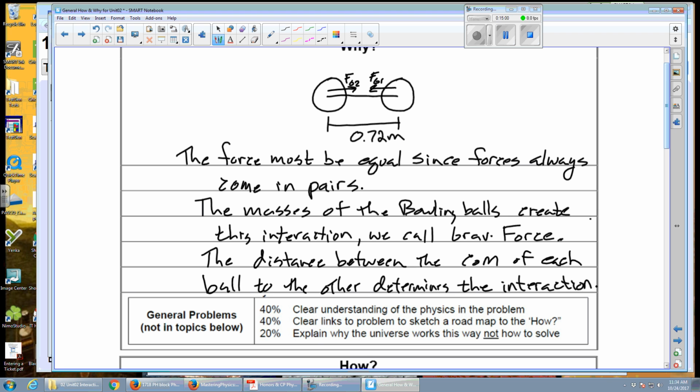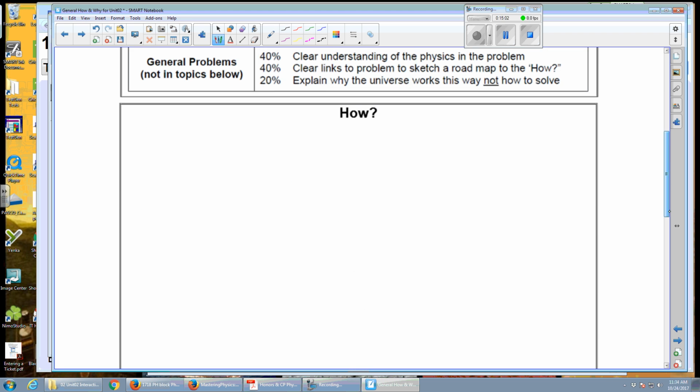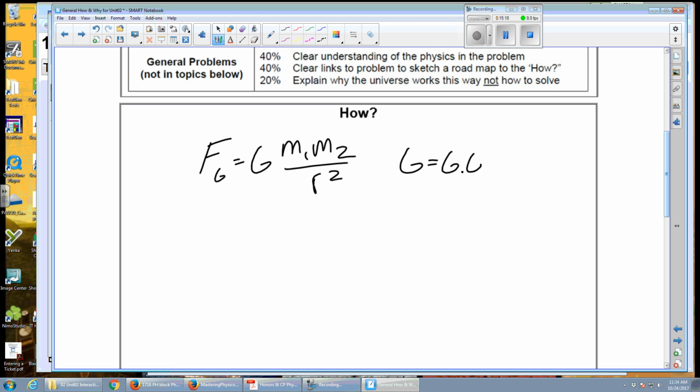Okay. Oh, now I can do my equation. I can look at my equation sheet and say, oh, there's one about gravity. And I looked up the universal gravitational constant too.